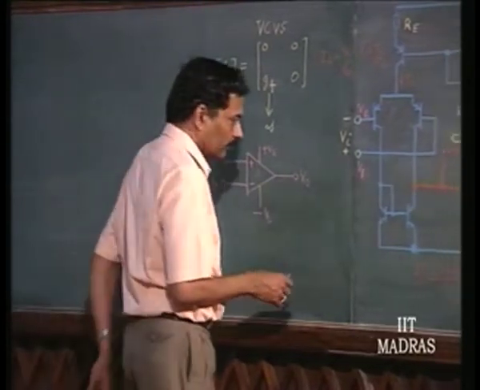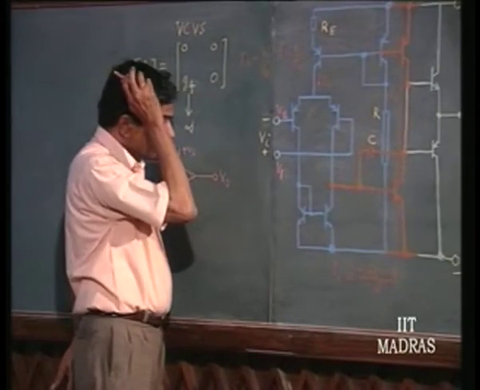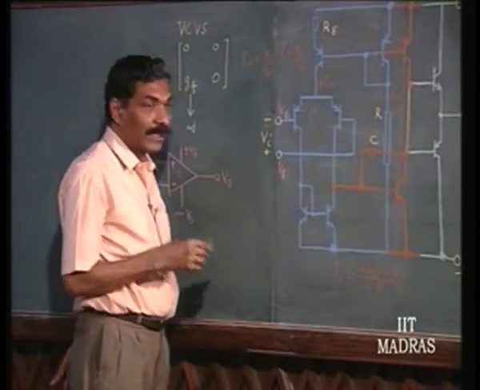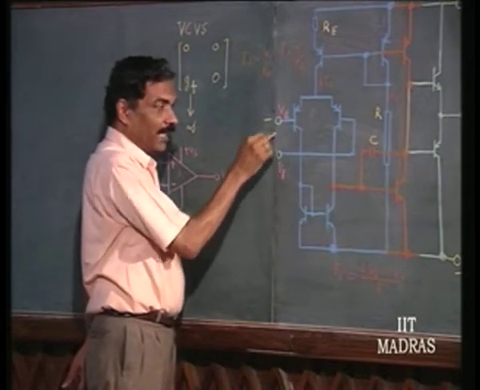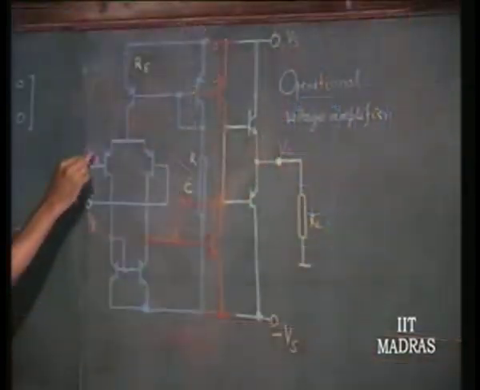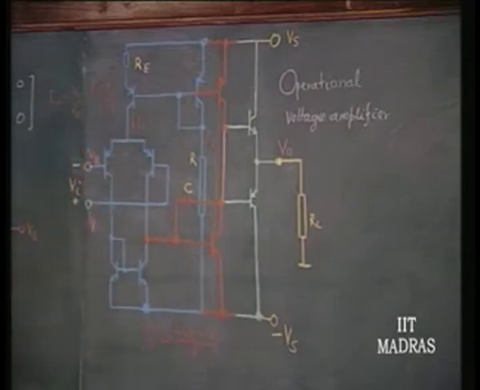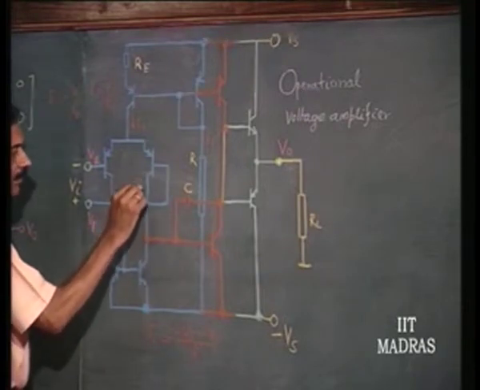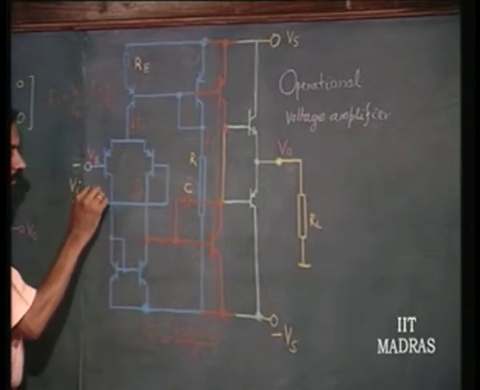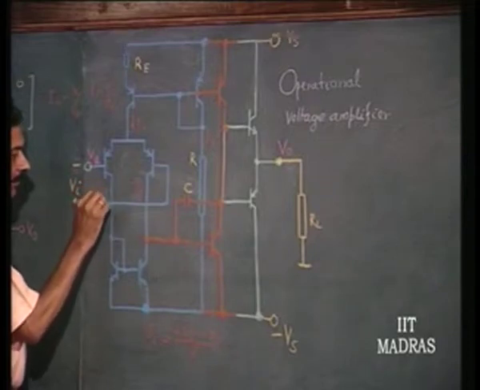So, then what else? Gain. When Vi is applied here, Vi by 2Re is the change in current superimposed over and above. Let us draw that. This is going to be I2 by 2 and this is going to be I2 by 2.